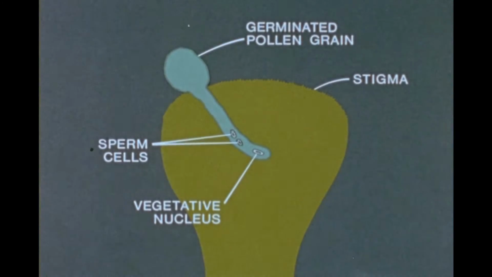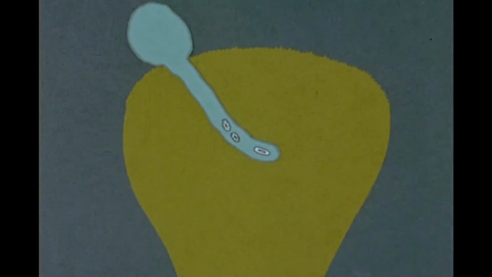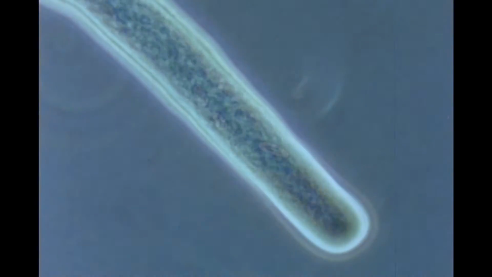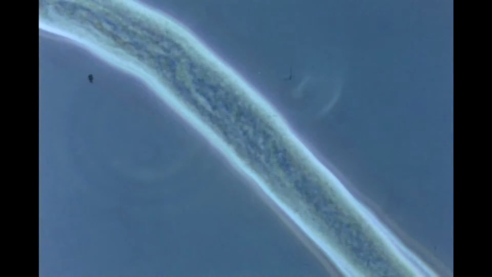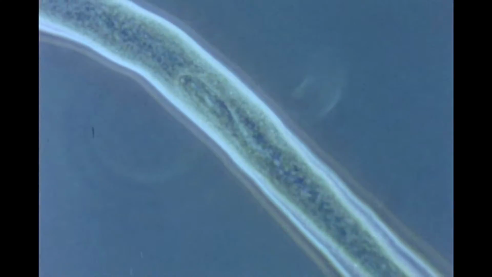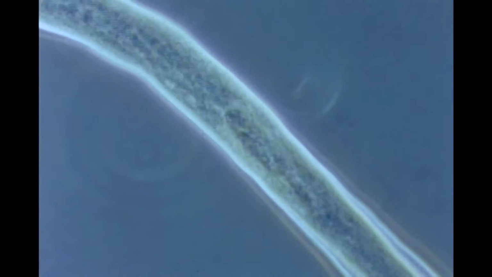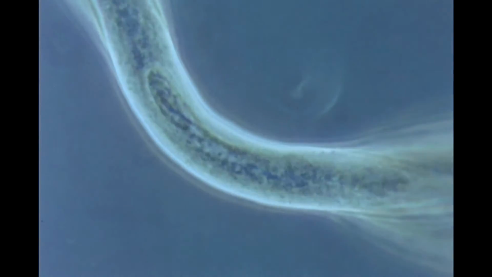Several hours after the start of germination, the generative cell divides, forming 2 sperm cells. The tube grows very rapidly at rates greater than 500 microns per hour. Growth of the pollen tube is restricted to a zone of about 5 microns at the tip.